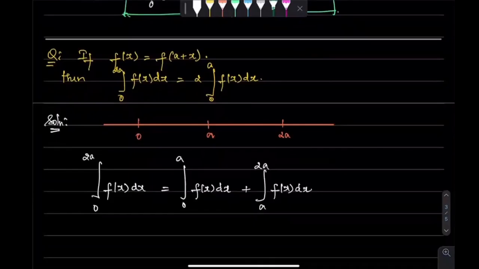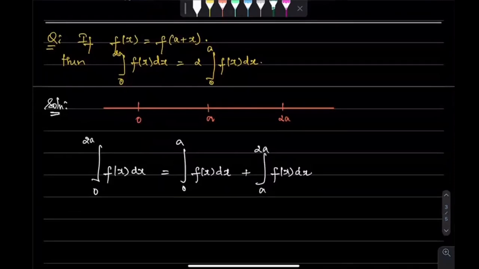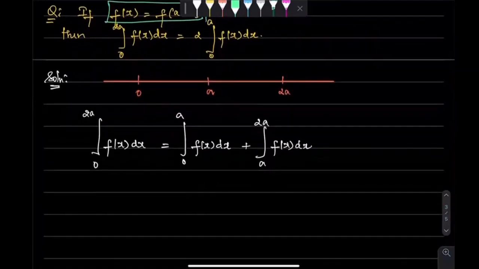Yes, sir. Okay. See, they have given f of x is equal to f of a plus x, isn't it? So in that case, what happens if I use the substitution here?